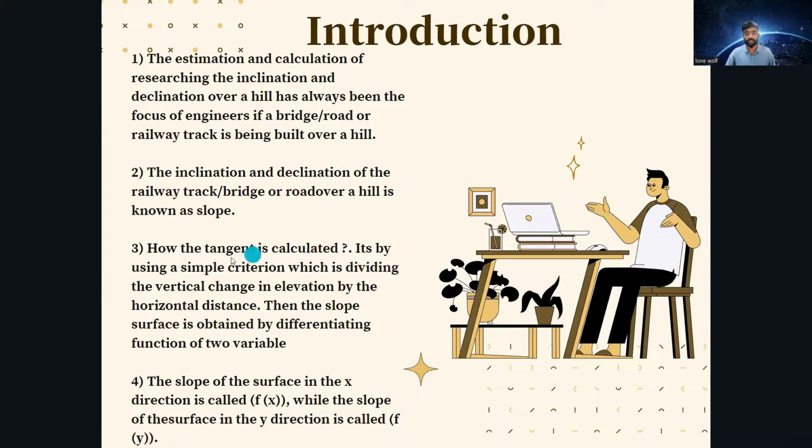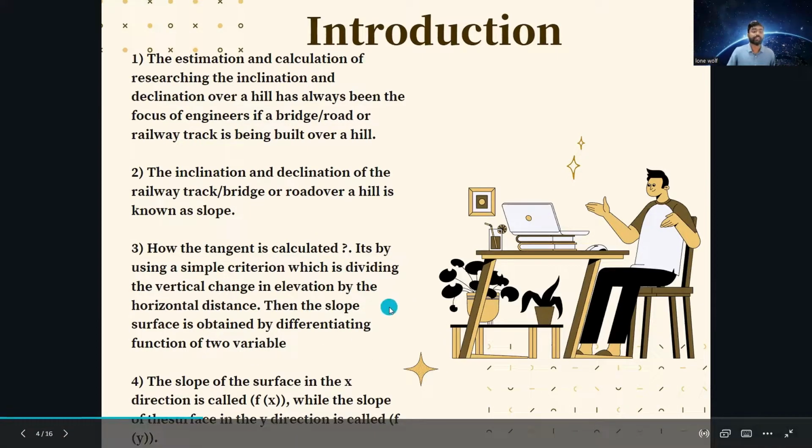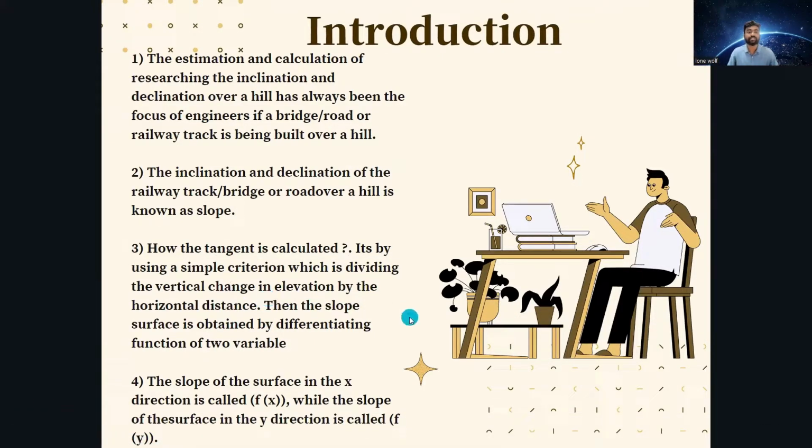So let's take a look at the third point. It's by using a simple criterion, which is dividing the vertical change in elevation by the horizontal distance. Then the slope surface is obtained by differentiating function of two variables. When working with a single variable, differentiation is used to get the slope of a curve.